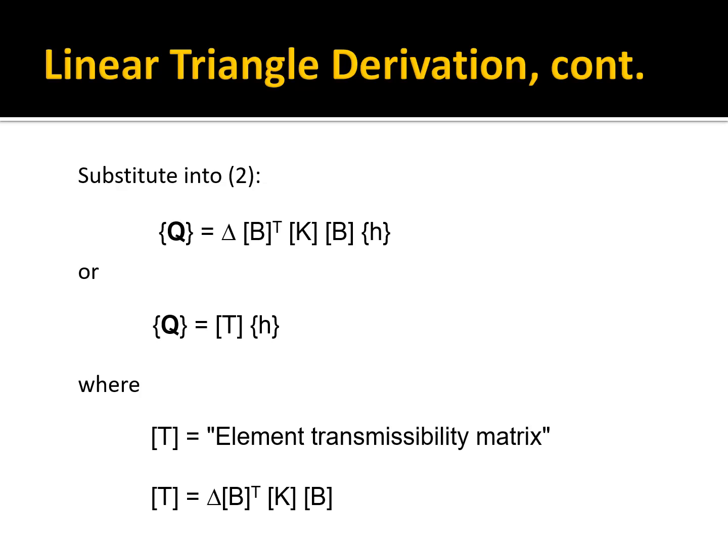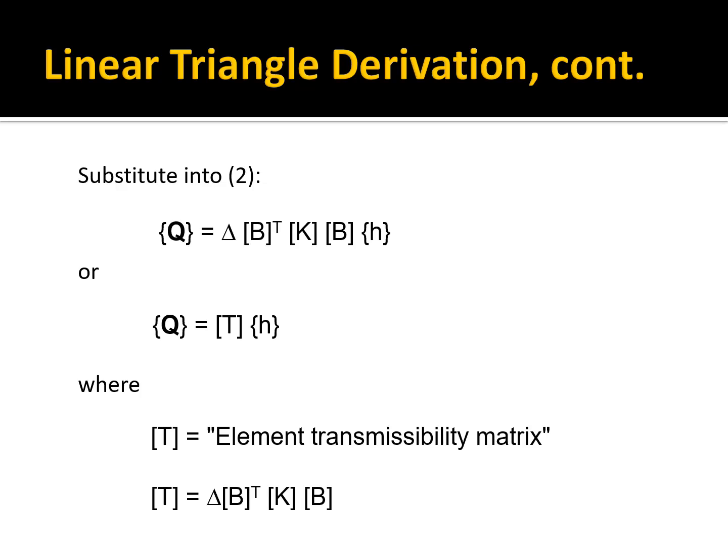If it's a 3-node triangle, you end up with this equation, T is 3 rows and 3 columns, and it has a bunch of constants in it. And then essentially you start with a zero matrix and add those in like we did in the 1D equation, and you can formulate the whole equation. So it's a little more complicated, but not terrible.